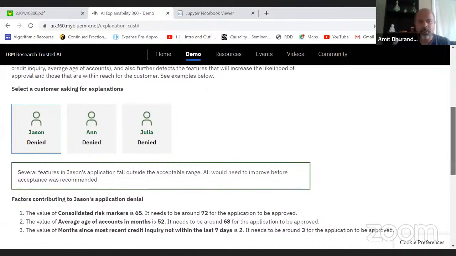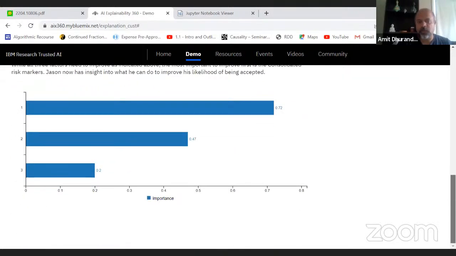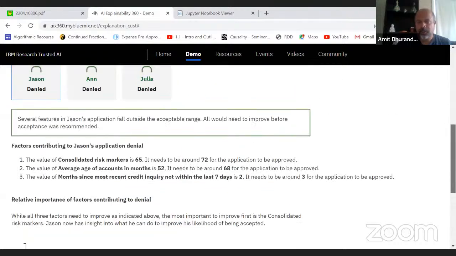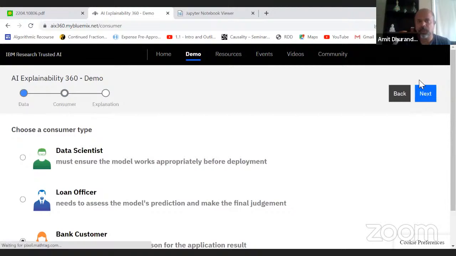It says that even though your loan was disapproved right now, if these 3 factors change from this to this, your loan would have been approved by the system. So the next time you apply for a loan, you can try to enhance some of these factors if they're actionable. For different folks, it will give you these kinds of criteria: not only why something happened for you, but how you could change your status. These are the kinds of insights you could get.